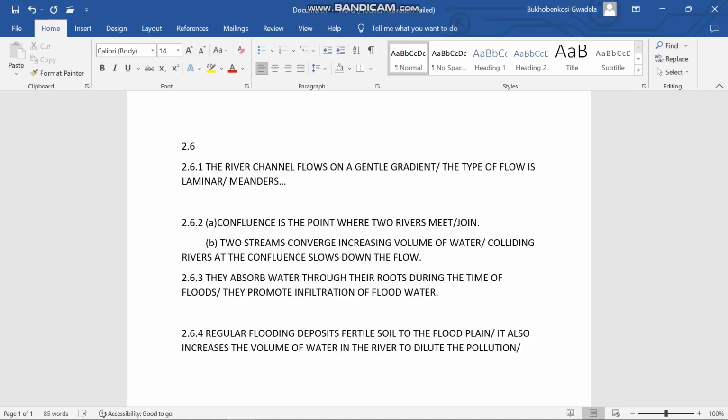You can also say it removes waterborne diseases in the river.